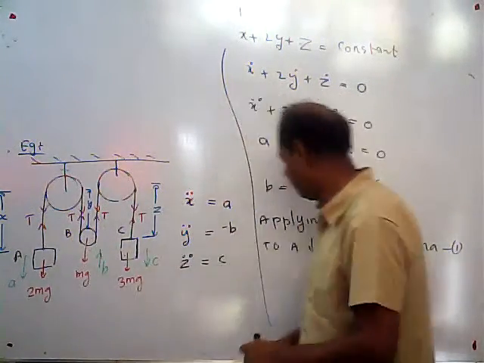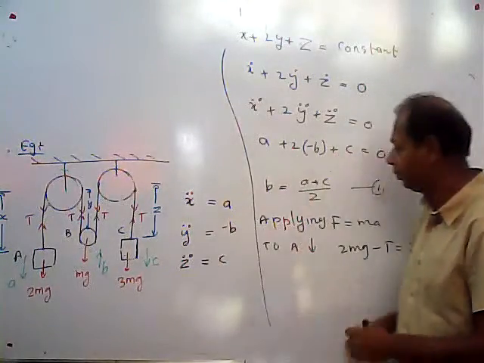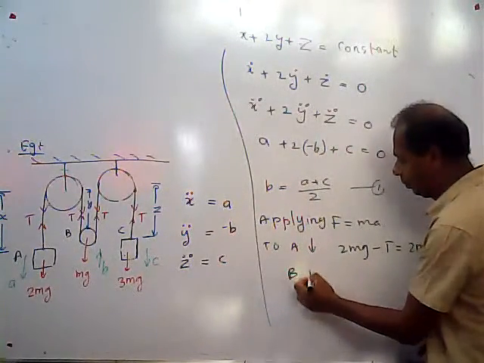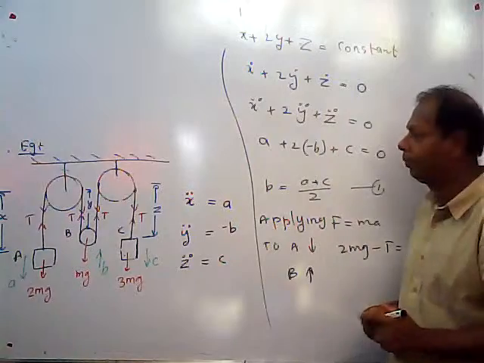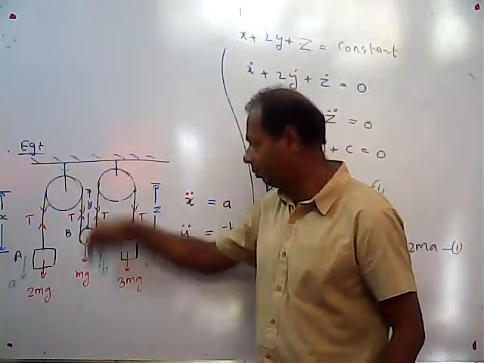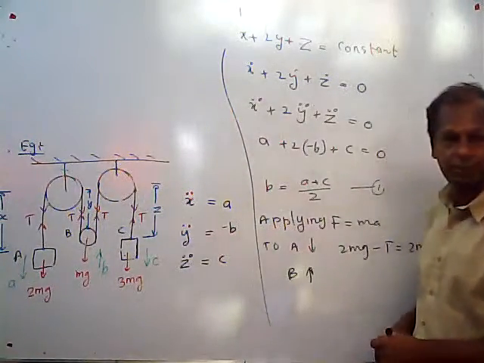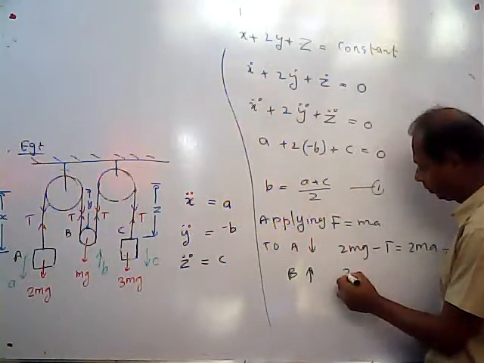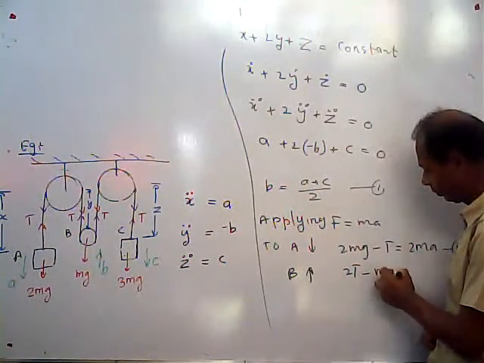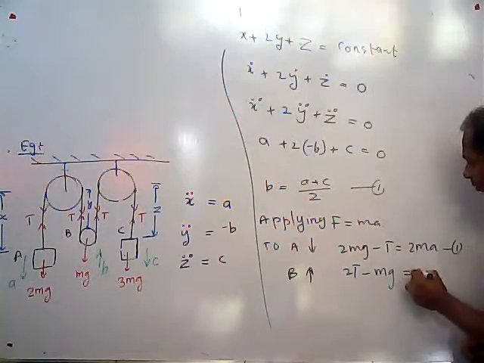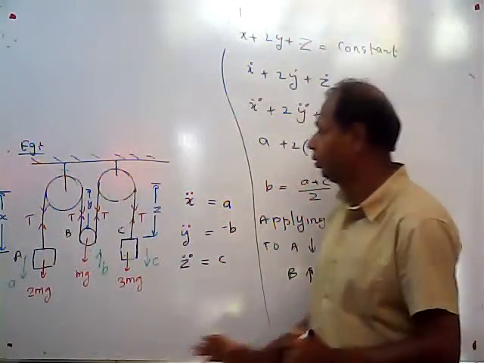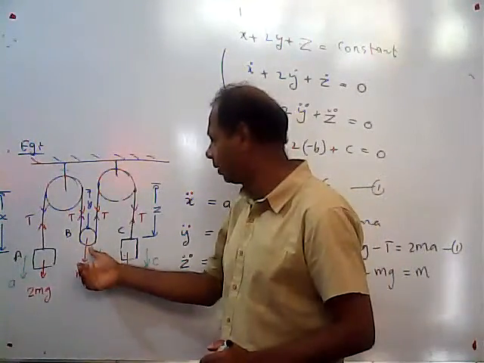Then we go to B upwards. Upwards will be 2T minus mg equals m times acceleration.